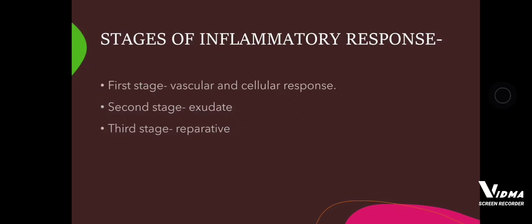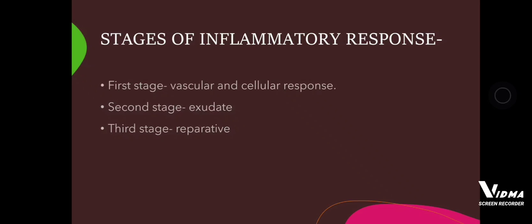Then we will see the stages of inflammatory response. On that, first we will review what inflammation is. As I said in the definition, inflammation is a specific local body response towards injury or infection.